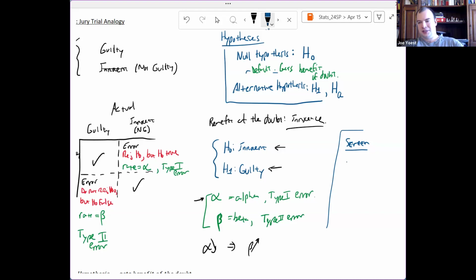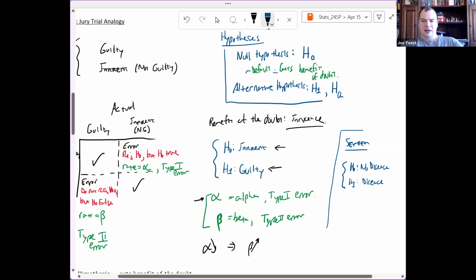So for a screen for a disease, the null hypothesis is that there is no disease. The alternative is that they have the disease. And in this case, to jump from the null to the alternative, for something like a medical screen, we actually don't require that much evidence, right?